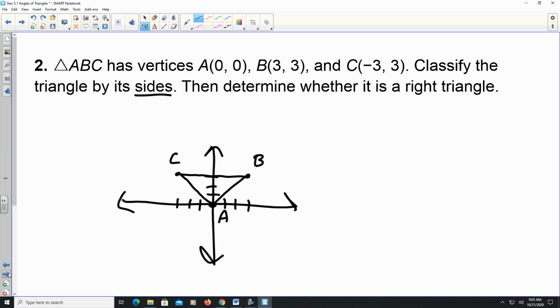Now, what I know is that since B and C are kind of mirrored images of each other off of the y-axis, they're the same distance from the origin. So I can say that this distance here, AB, is the same as this distance here of AC.